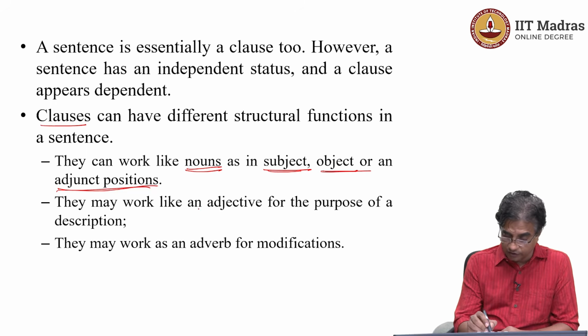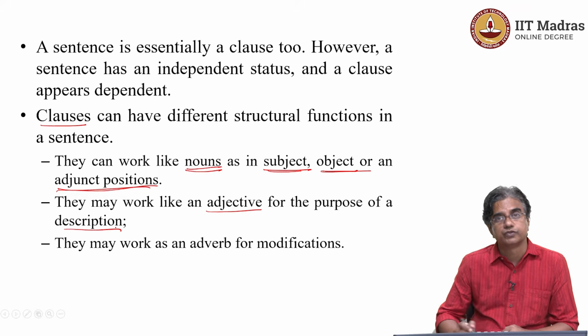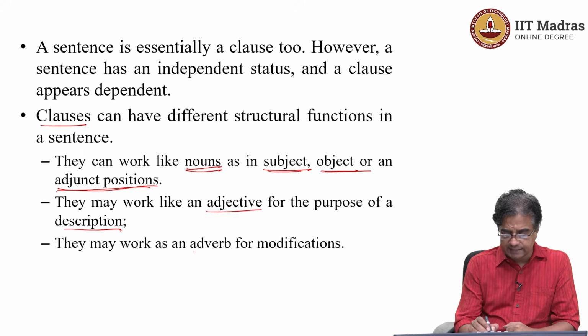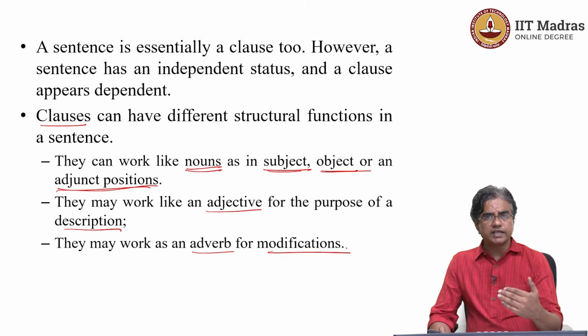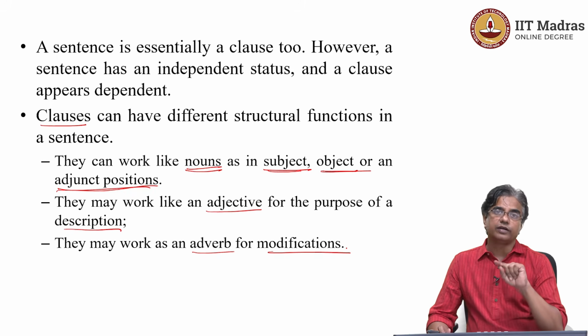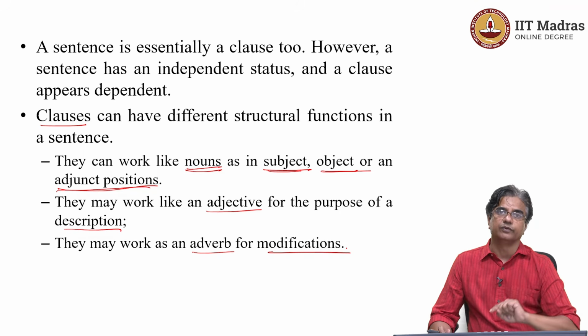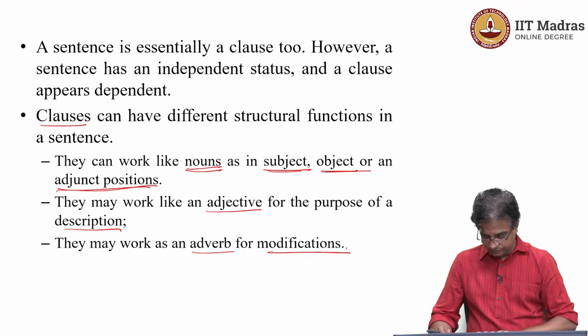They can work like an adjective for the purpose of description, so we can have an adjectival clause also. And they may work as an adverb for modifications. So we are going to see examples of some of these for us to see clearly how they work as subject, how they work as object, and how they work as adjectives, and how they work as adverbs.